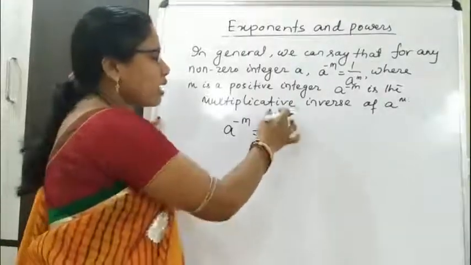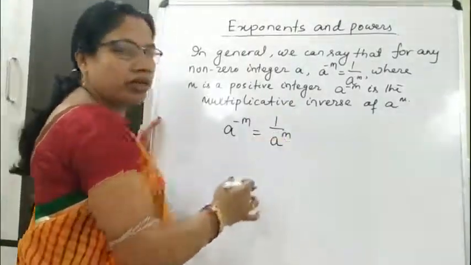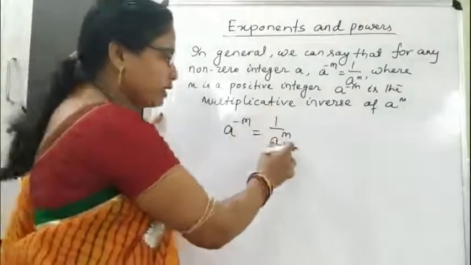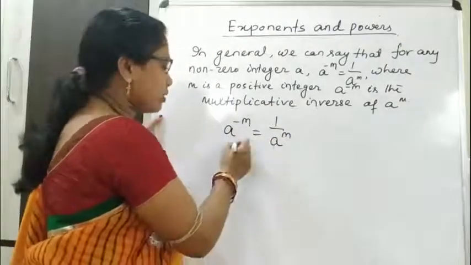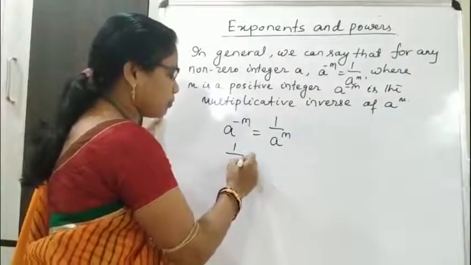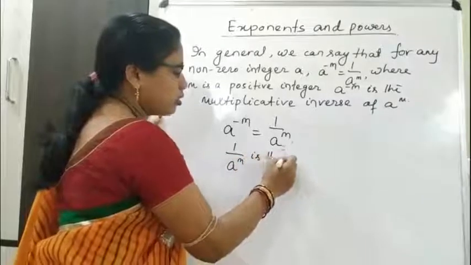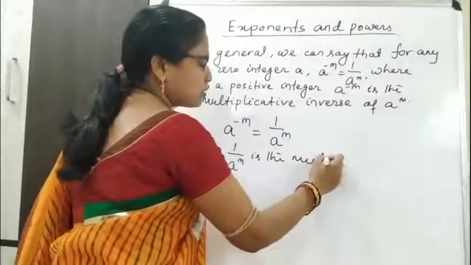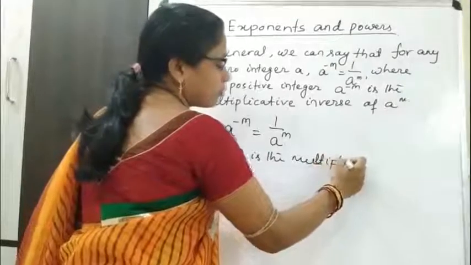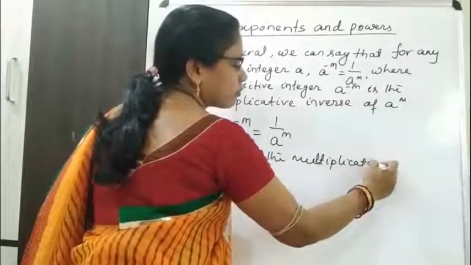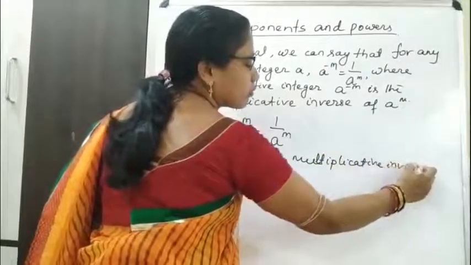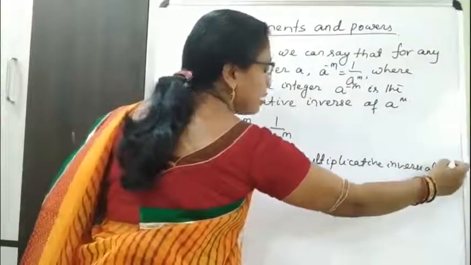We know 1 by a to the power n is the multiplicative inverse of a to the power n.